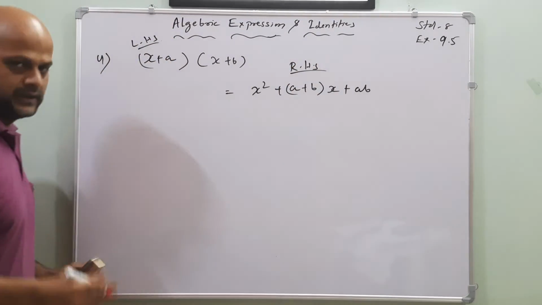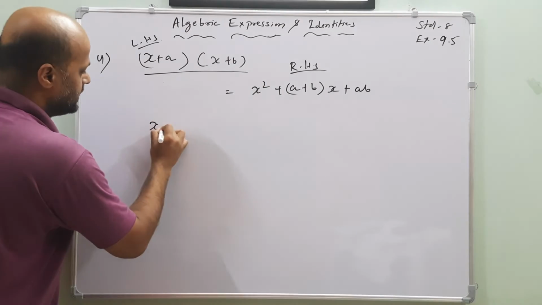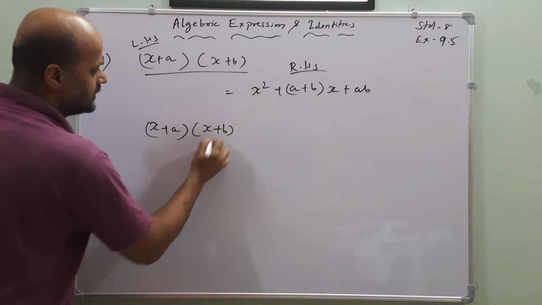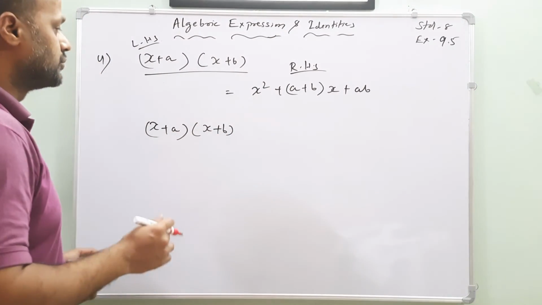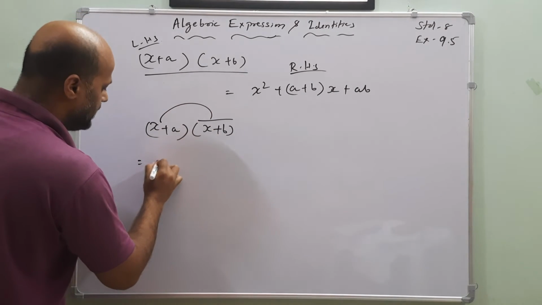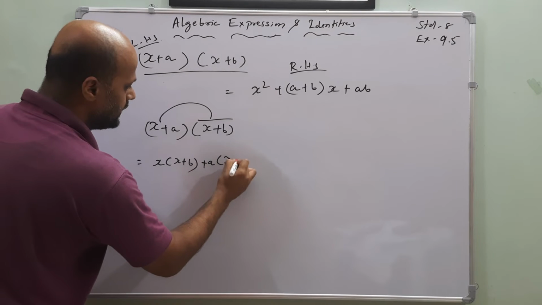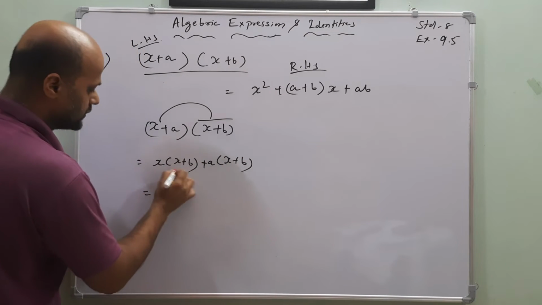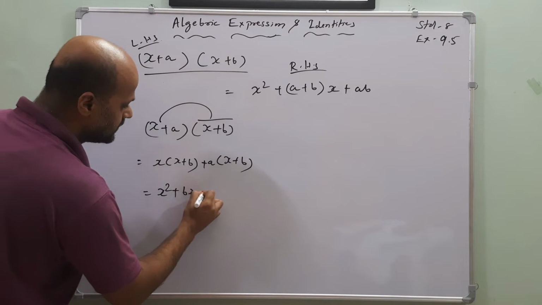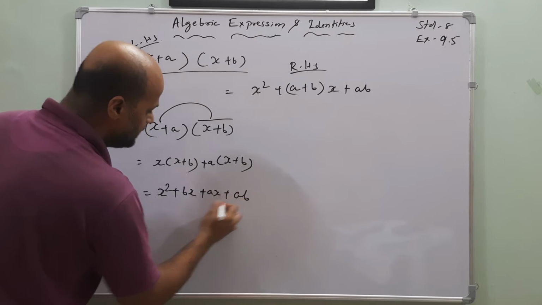Take the left hand side expression, that is x plus a into x plus b. Multiply these two: x into x plus b plus a into x plus b is equal to, now multiply and solve it, x square plus bx plus ax plus a into b, ab.